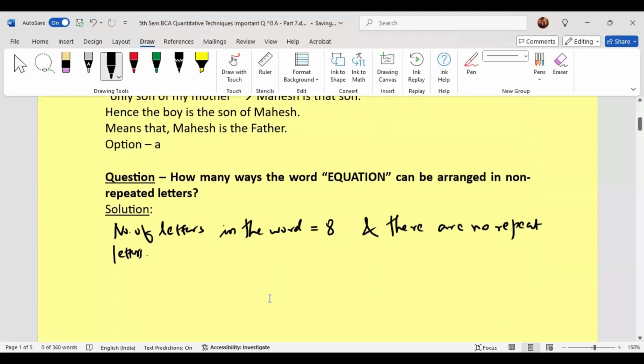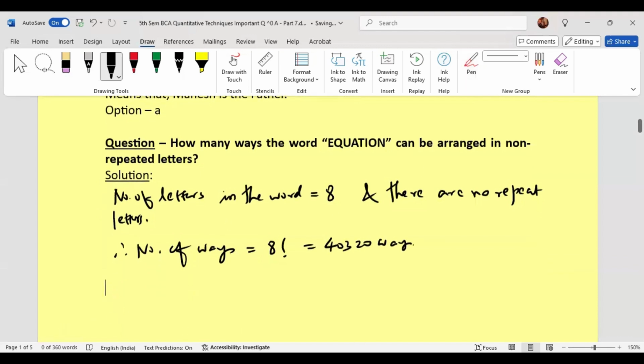Therefore, the number of ways is equal to 8 factorial. If we calculate 8 into 7 into 6 into 5 into 4 into 3 into 2 into 1, we get 40,320 ways. That will be the solution for that. Let us move on to the next question.